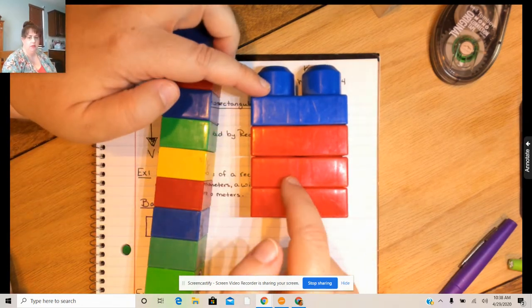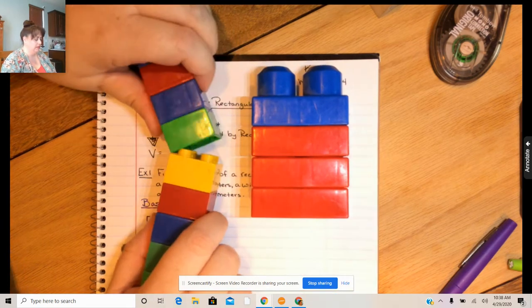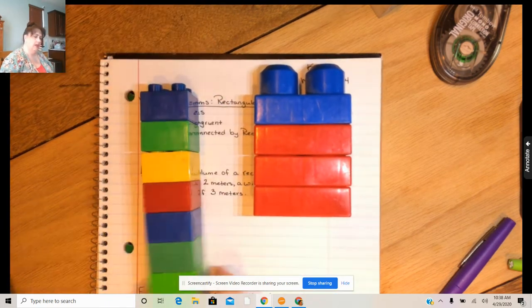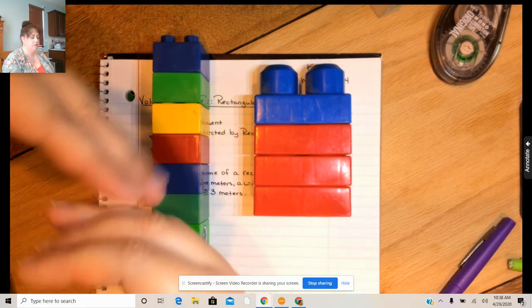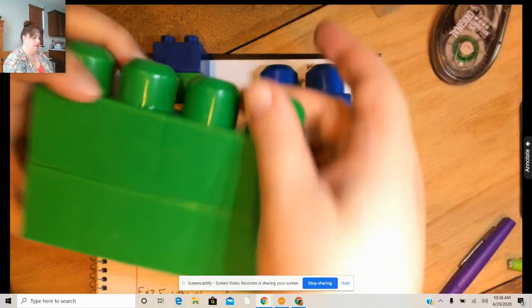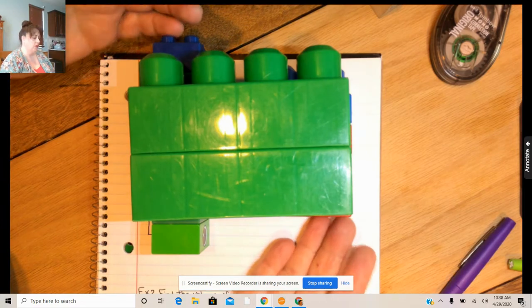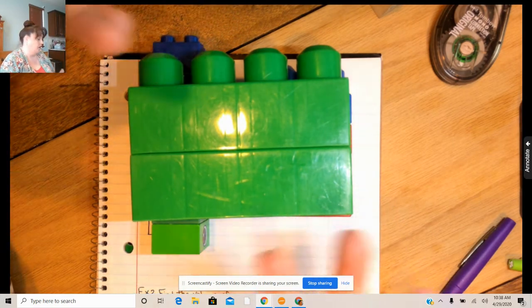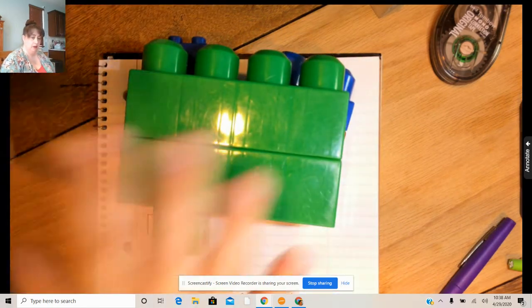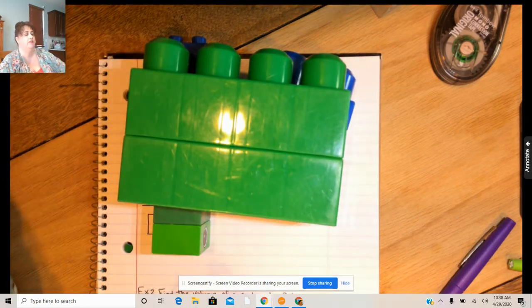It's the same base stacked right on top of each other. So this one would be 1, 2, 3, 4 bases long. This one right here would be 1, 2, 3, 4, 5, 6, 7 bases tall. And this one right here would only be 2 bases tall. So these would all be examples of volume of rectangular prisms, and we're going to use these to help us understand how to find volume.